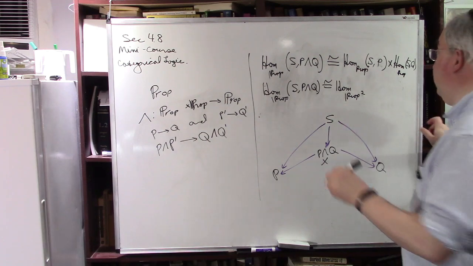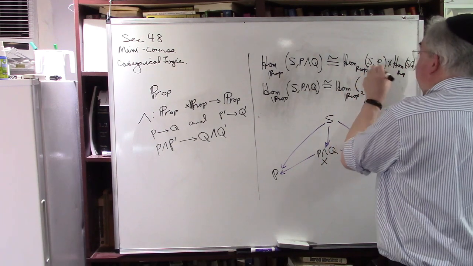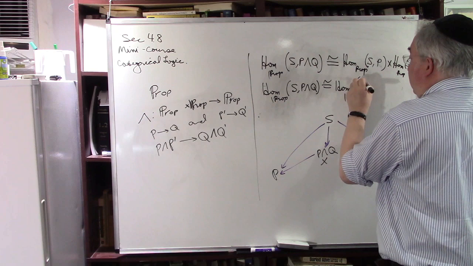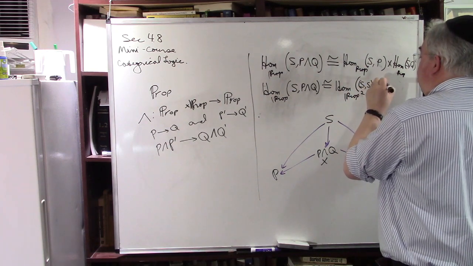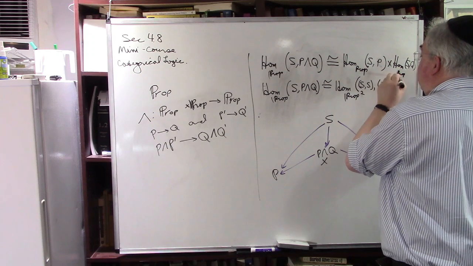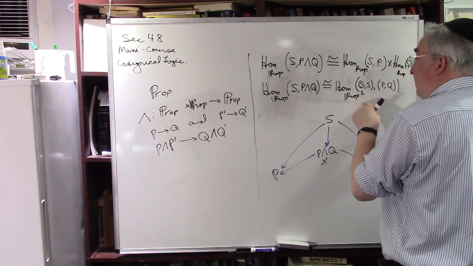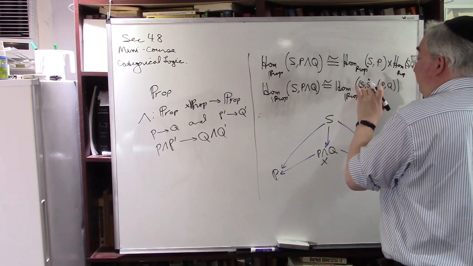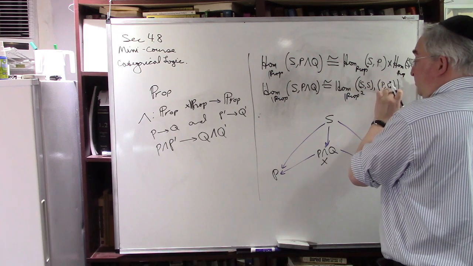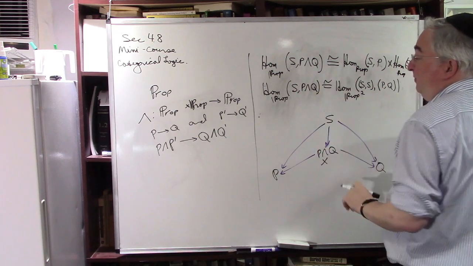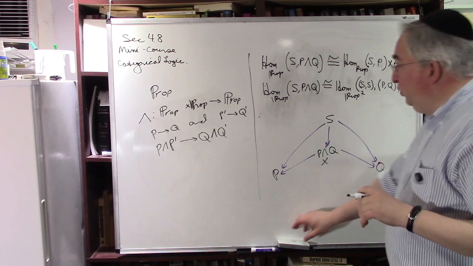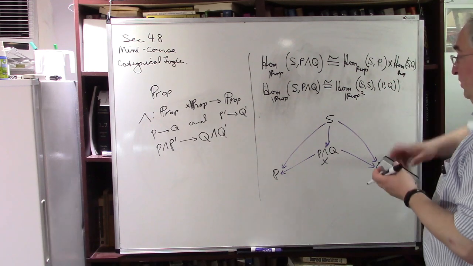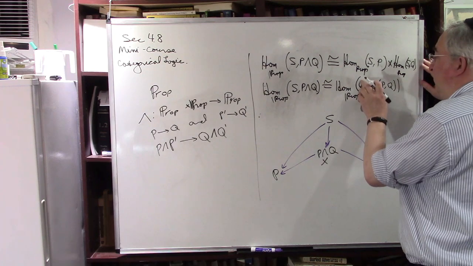Both of these come from S, so it's going to be S, comma, S, and the other pair is P, comma, Q. So in this double category, if you have a map from S to P and you have a map from S to Q, then you'll have a map from S to P and Q. Let's rewrite this again. This totally makes sense, but we can also write it like this.